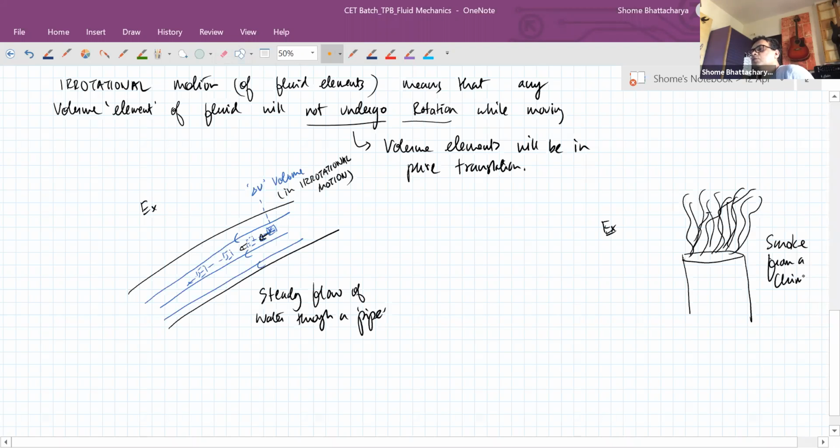So, smoke coming out from a chimney, if you just observe how the volume elements of that move, you will realize that smoke is a non-ideal fluid because it is highly compressible and also viscous.